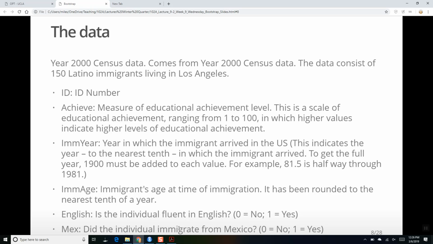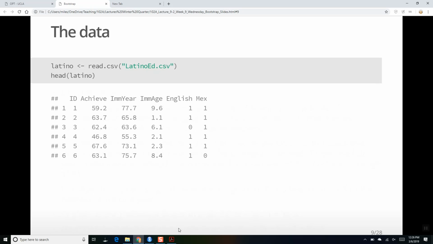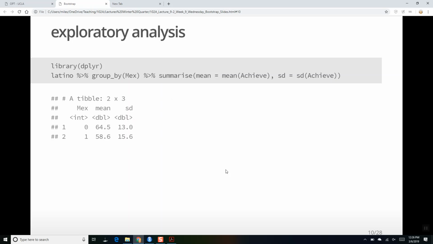That's as far as we are going to go. This is just the first couple rows of our data set, and we have achievement level 59.2. Again, we have no idea what that means, and then whether they're from Mexico or not, we have ones and zeros. So this is what our data set looks like.